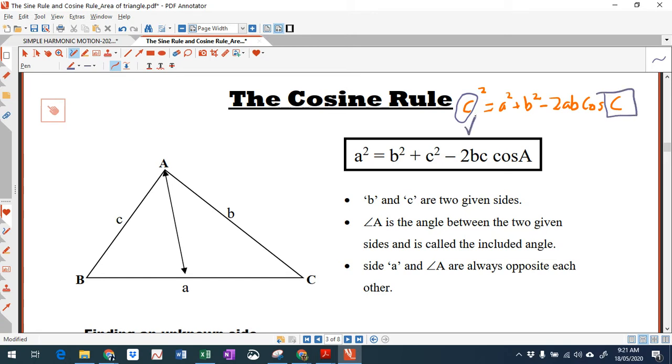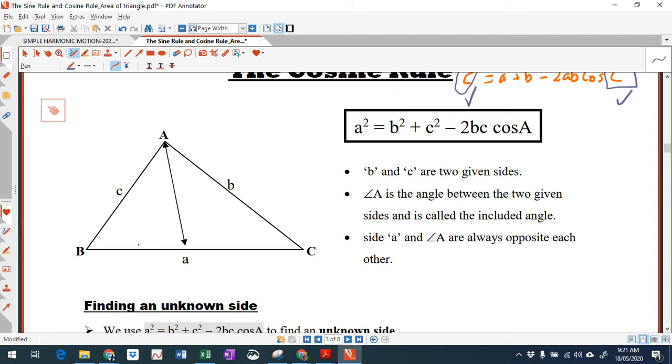Okay, so in the formula, side C, and that's little c there, and that's big C here, are always opposite each other. Okay.